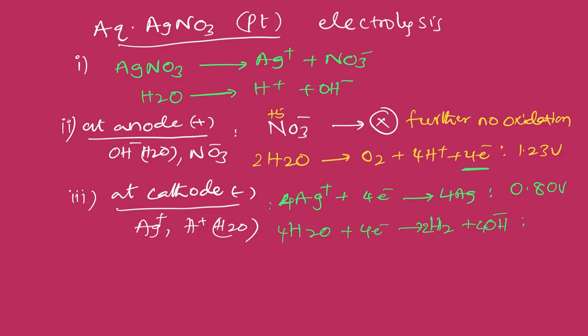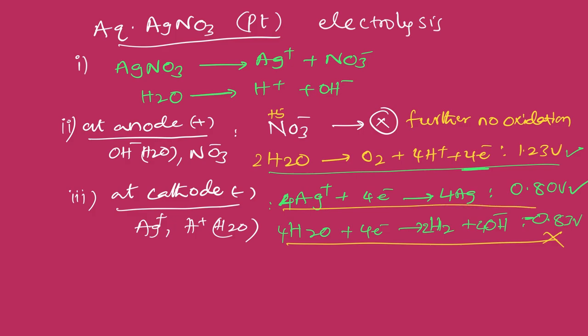Its electrode potential value is minus 0.83 volt. At the cathode, the higher potential will be reduced first, therefore this positive value is higher. And at the anode, already this reaction is oxidized. So this reaction will take place here at the anode and cathode. This other reaction does not take place.